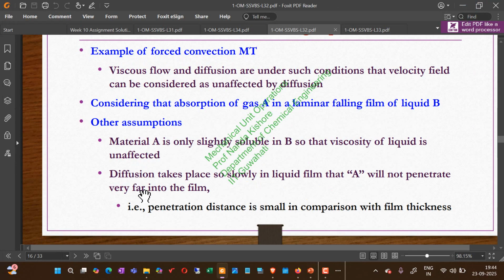So if you see that diffusion takes place, A is only slightly soluble so that the viscosity of the liquid B is unaffected, and diffusion takes place so slowly in the liquid film that A will not penetrate very far into the film, right? The penetration distance is small in comparison with the film thickness.